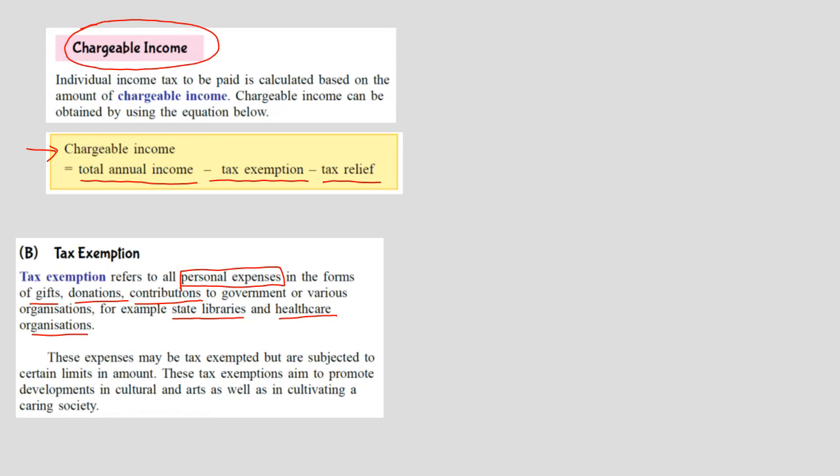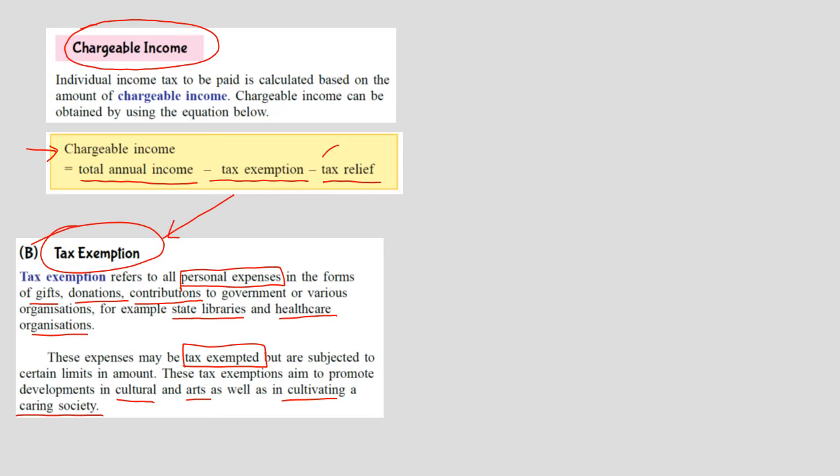It is the tax exemption, and you minus it from your total income. These expenses may be tax exempted, but are subject to certain limits in amount. There is a certain limit. This tax exemption aims to promote development in culture and arts as well as cultivating a caring society. So tax exemption is this one.